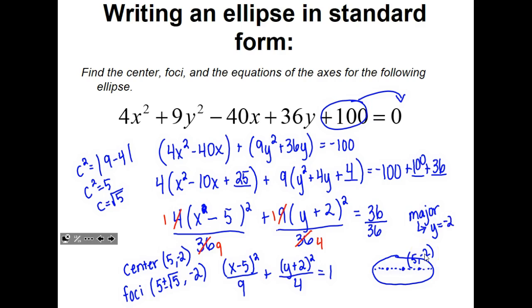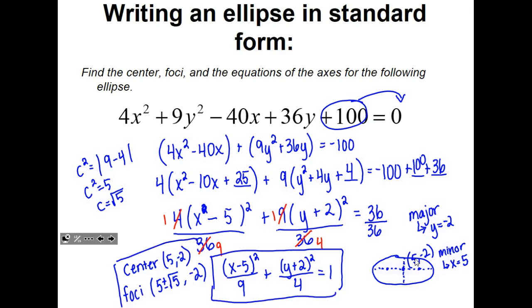The minor axis is vertical in this case, and vertical lines are x equals a number, and the x coordinate of that center is 5, so it's going to be x equals 5. So here's our equation. We had our center and our foci here, and then our major axis and our minor axis.